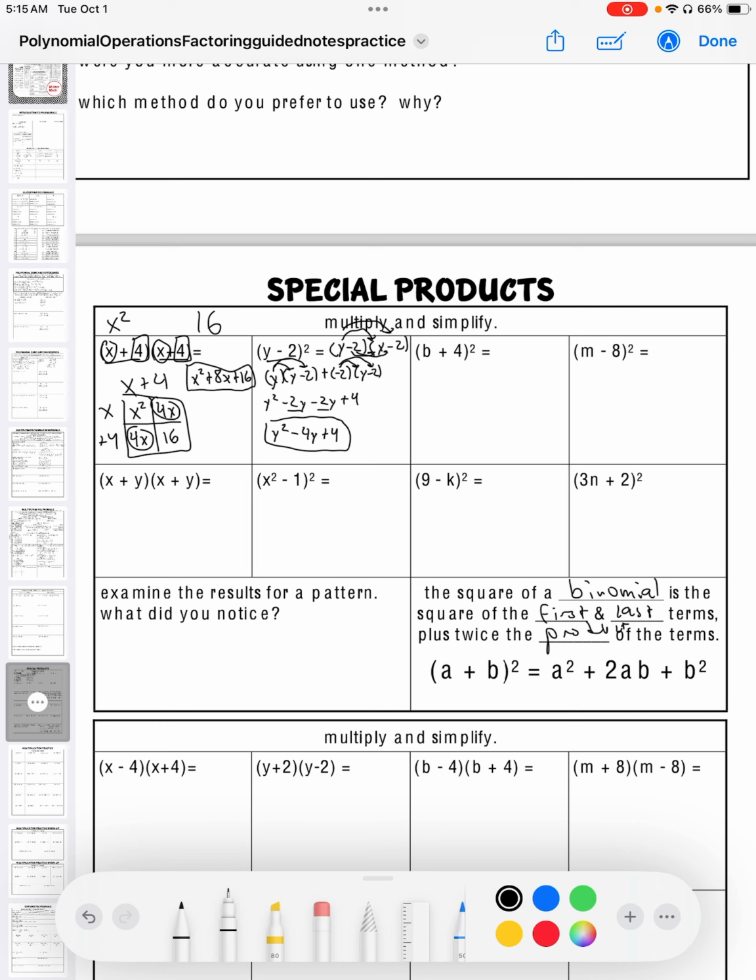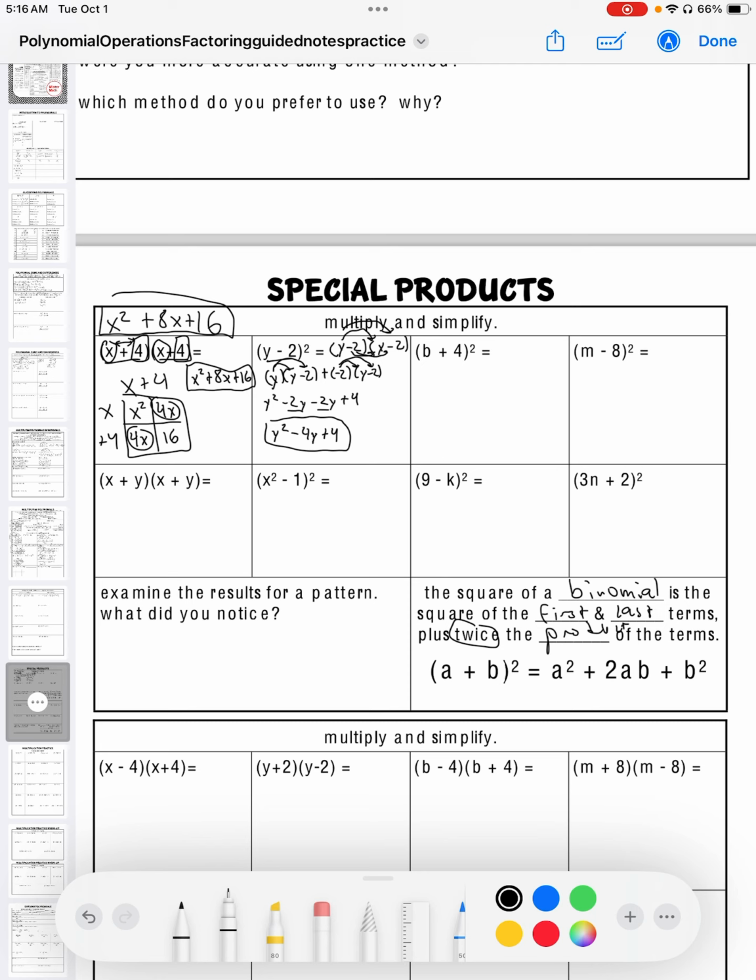Then if you multiply the terms together, 4 times x is 4x, and then multiply it times 2, so twice those terms. 2 times 4 is 8. That would give me 8x, and that is what we got for our answer. So if you're multiplying it times itself, you take the first number squared, the last number squared, and then 2 times the terms multiplied times each other.